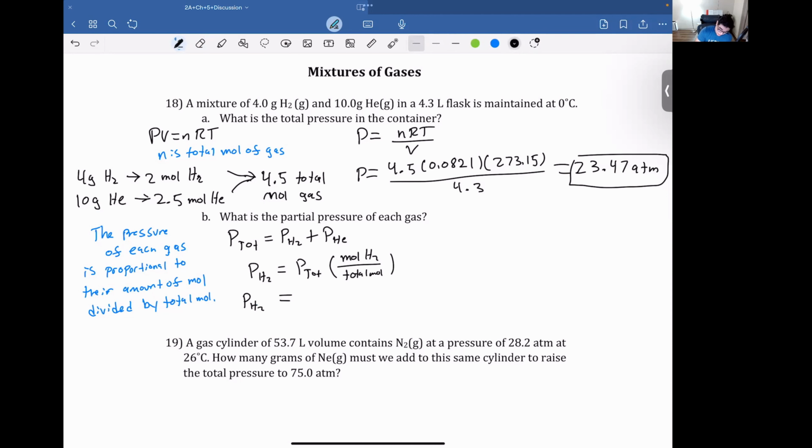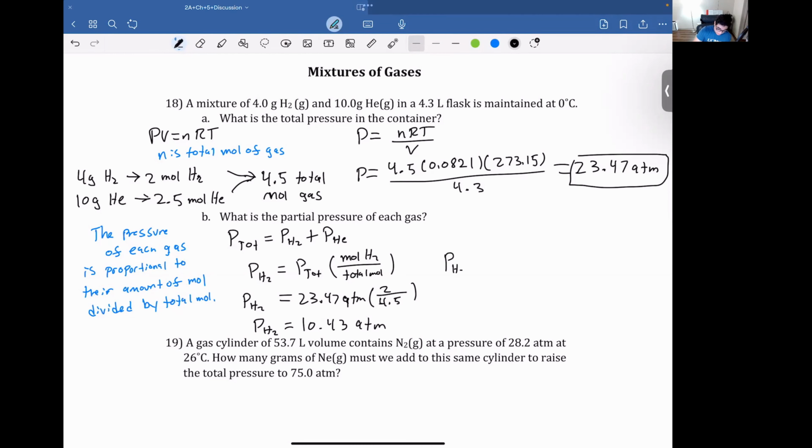So total pressure is 23.47 atm. Then there are 2 moles of hydrogen. There are 4.5 moles in total. So hydrogen contributes a little less than half of the total moles. And then we get 10.43 atm.